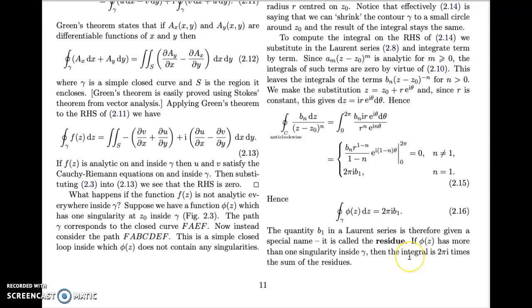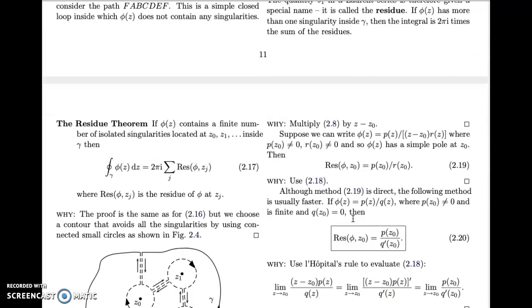And the residue theorem basically generalizes this to the case when you have more than one singularity inside the closed loop gamma. So the residue theorem states that if phi contains a finite number of isolated singularities located at z0, z1, and so on inside the closed loop, then the contour integral around that closed loop of phi is just 2 pi i times the sum of the residues at those singularities.